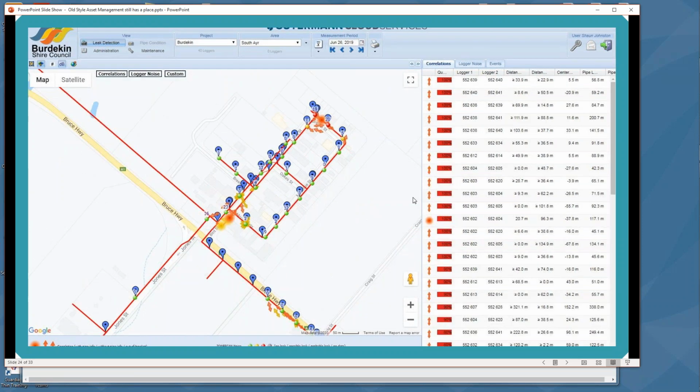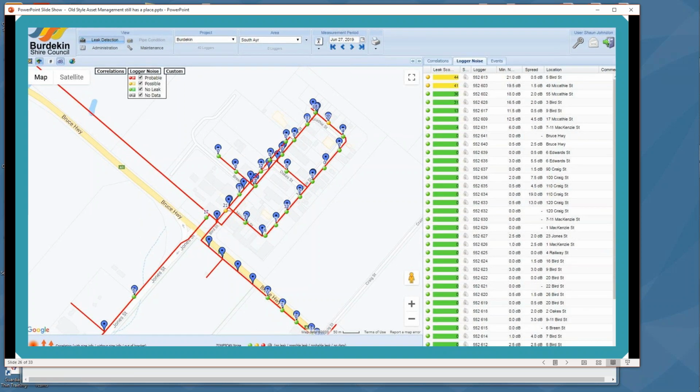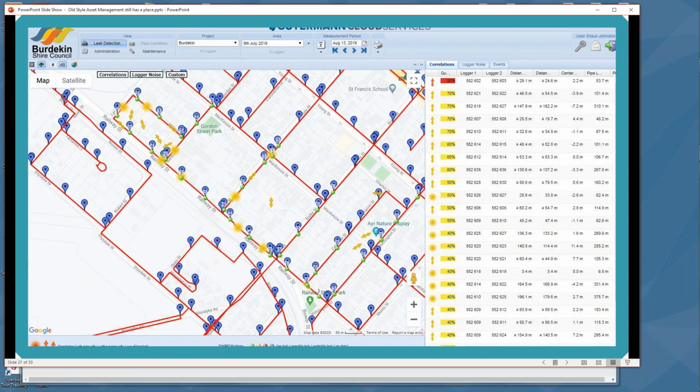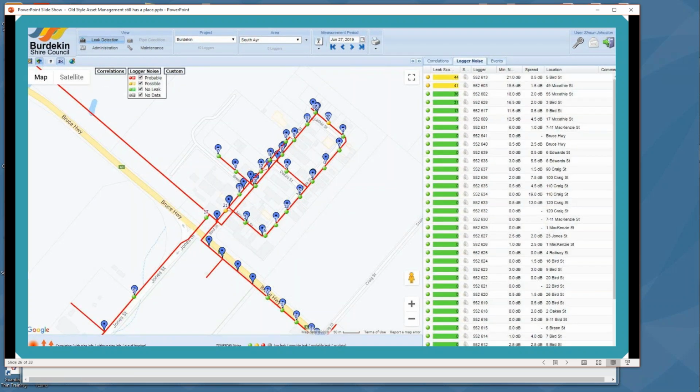This one here was interesting though. This one here showed that there was a really bad leak up the top end there of our industrial estate. And we went out there and we found that where a driveway went over a pipe, we did indeed have a leak. And we went out a little later, there we are. And after we fixed the leak, that's what we got.